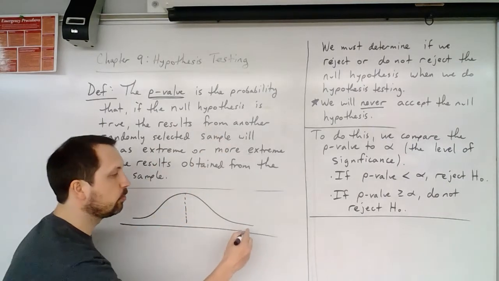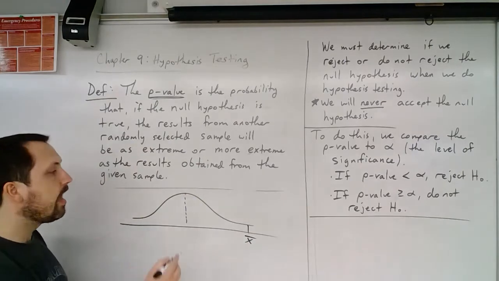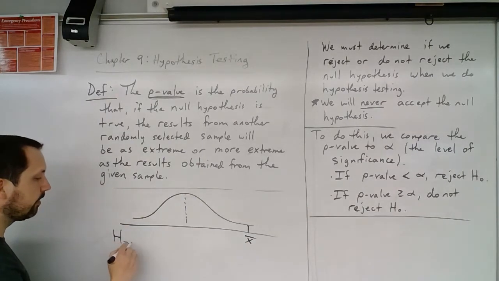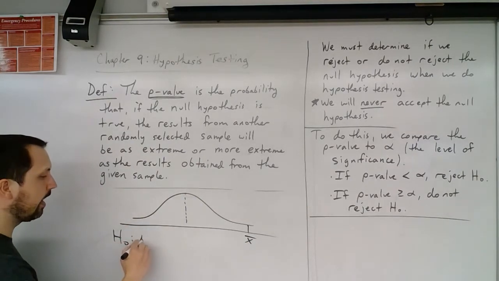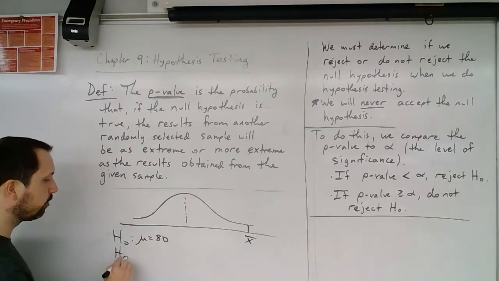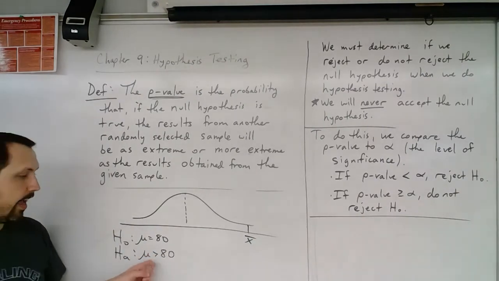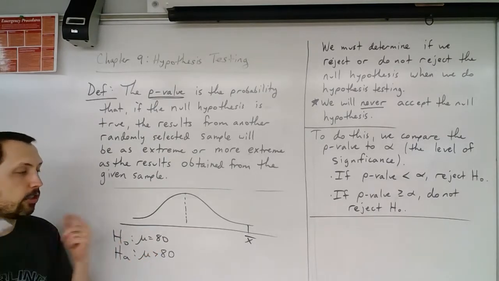Let's say our sample mean is way out here, so this is our x bar. Say our null hypothesis says mu is equal to 80, and the alternative hypothesis says that mu is larger than 80. So what if we are larger than 80? That's my alternative. That's what I'm wondering.